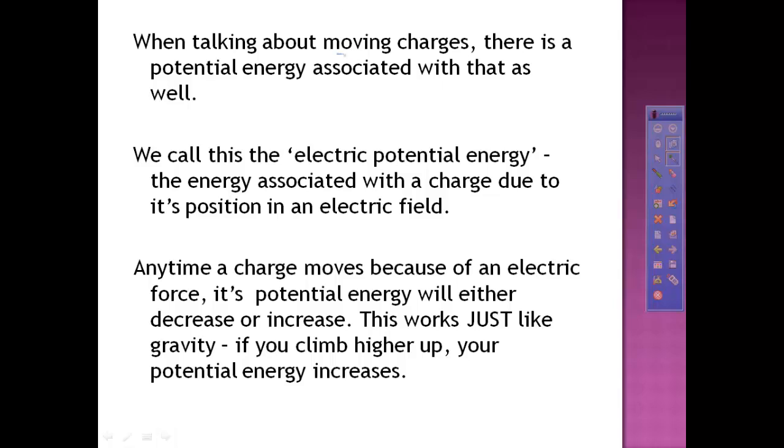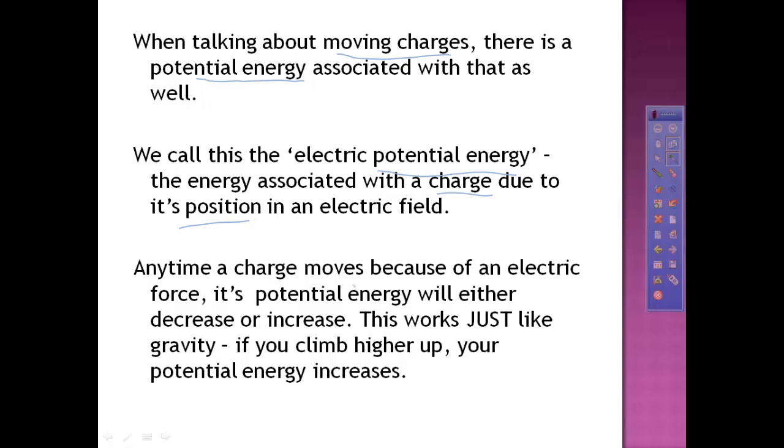When we talk about moving charges, we can talk about potential energy associated with that too, and we call that electric potential energy. So now you have two different kinds of potential. Actually, you have three if you count elastic potential, but we're not going to do that right now. So electric potential energy, this is the energy associated with a charge due to its position. Not a mass, it's associated with a charge in an electric field.